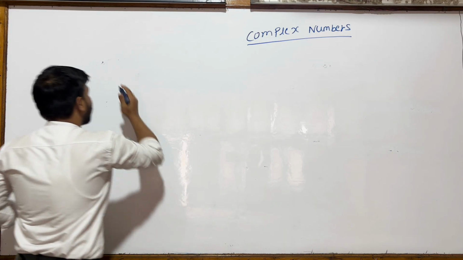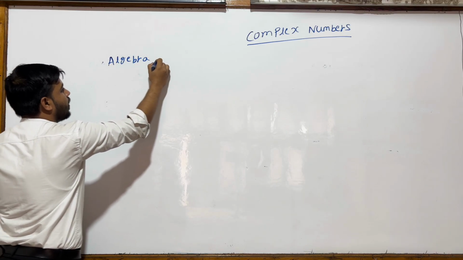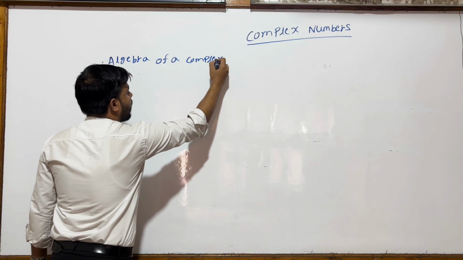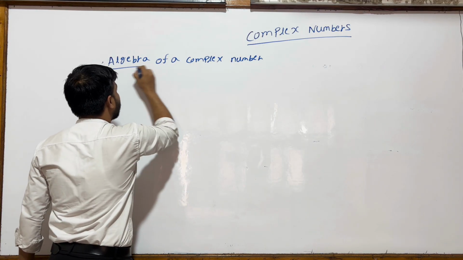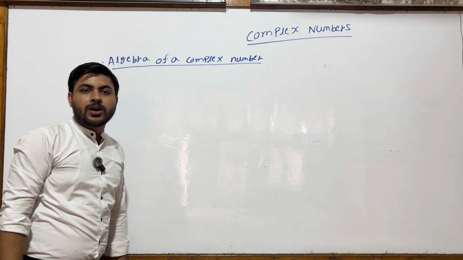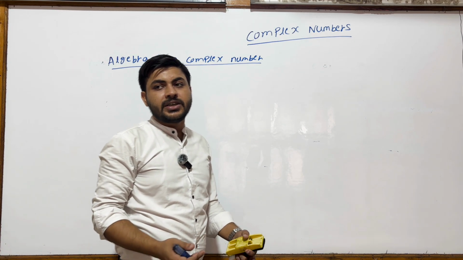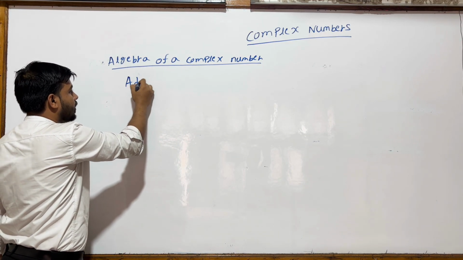So next we are discussing another thing, that is algebra of a complex number. Algebra means addition, multiplication, subtraction, division. First, addition.